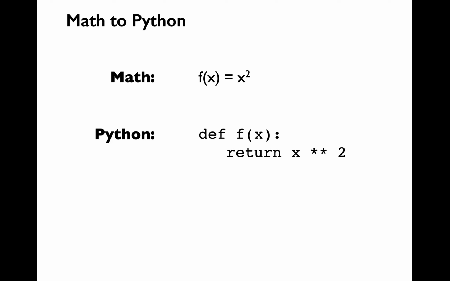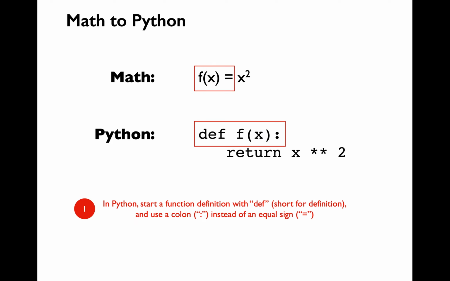Let's look at the similarities first. The function name is f in both cases. Then you have x, which is a parameter in Python world. Recall that parameters are special variables which enable you to provide input to a function. Then you also have the parenthesis, which is a common factor.